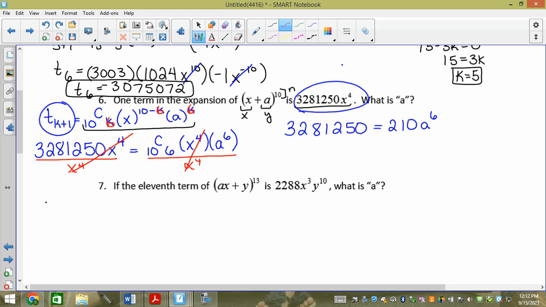And now we're just solving. How do we just solve this? Next step. How do we get rid of a multiplication of 210? Divide by 210. I hope you all know that.